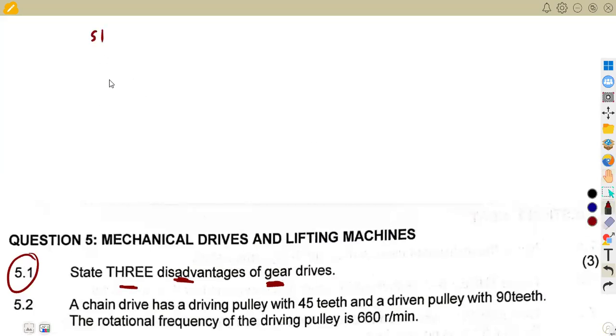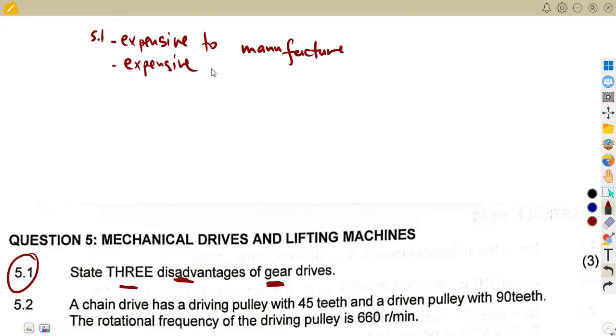All right. So we know that as we are dealing with the gear drives, one, they are expensive in terms of what? The manufacturing. So we can say expensive to manufacture. So it's a disadvantage, and also expensive to repair.